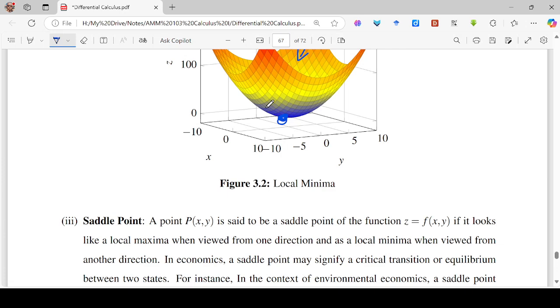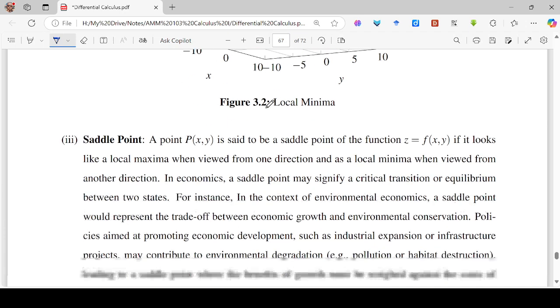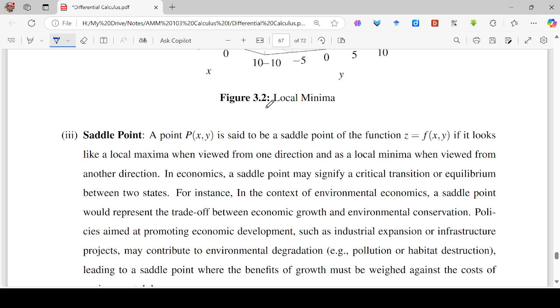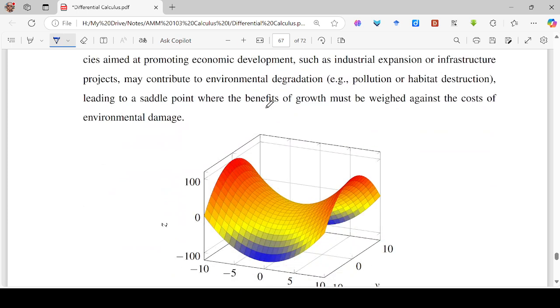The third point is what we call a saddle point. A saddle point of a function is a point that will look like a maximum when viewed from one direction, but when viewed from a different direction, it will look like a minimum point. So this is how a saddle point may look like.